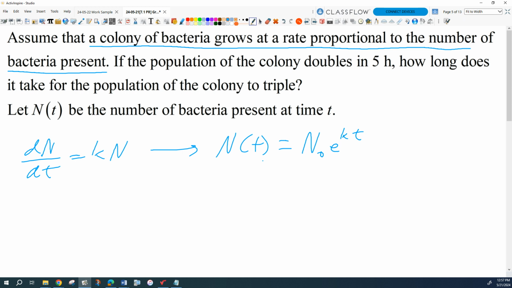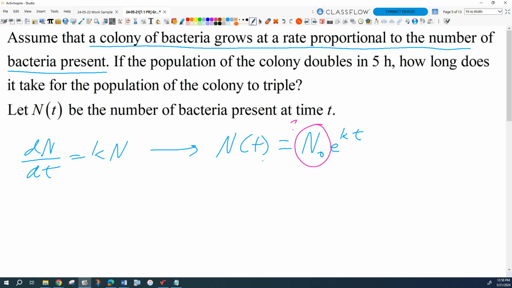Okay, so then we need to come up with some specifics, because if we're talking about a specific colony of bacteria, we need to be able to fill in the unknowns here. What are the things we've got to put numbers to? If we want to use this as a predictive model, we need to know what that is.